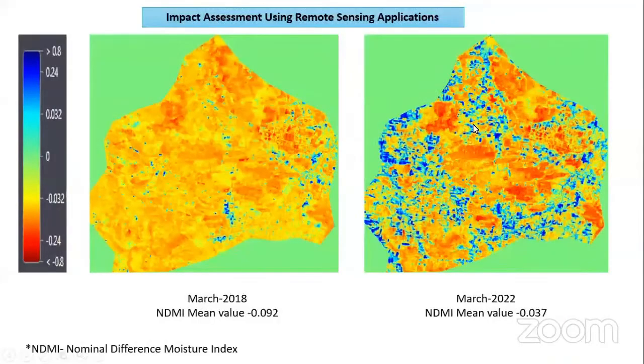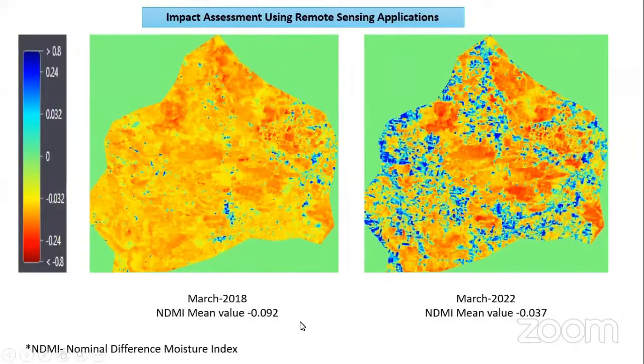And we also use remote sensing for calculating the moisture index. These are 2 clusters in Katpur in Yavatmal district. We can see over here an image of March 2018, and this is an image of March 2022.